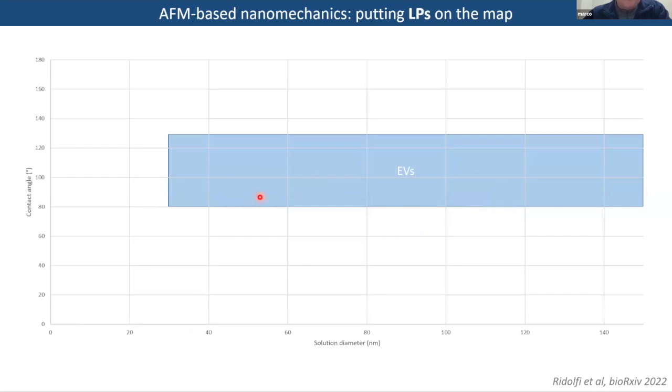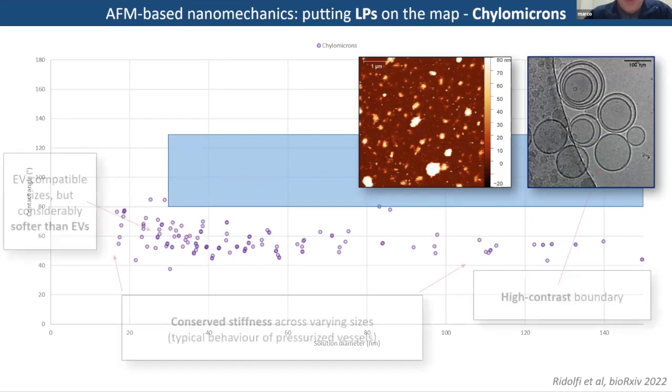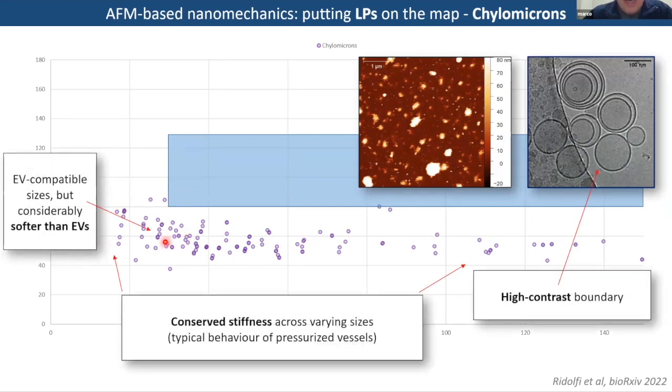Then what we did was to start with an empty scatter plot and then add individual lipoprotein samples one by one. So the first one are chylomicrons. As you can see, they mechanically are much softer than EVs, and that's very convenient because the sizes are completely overlapped with them.